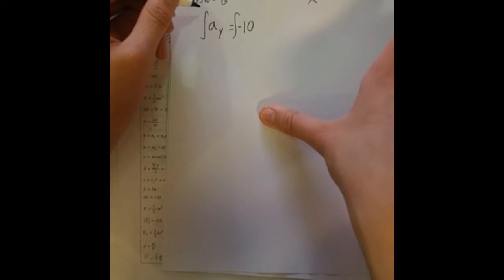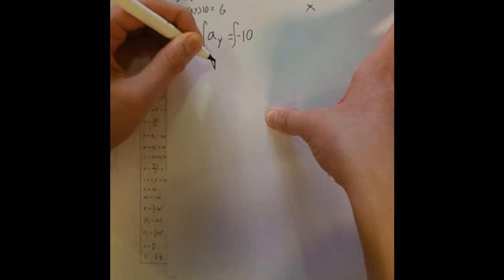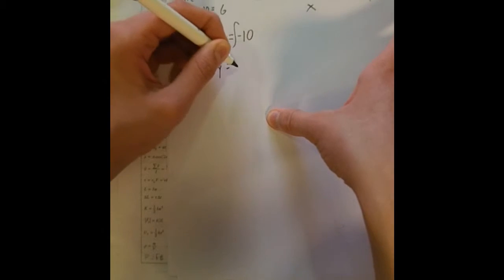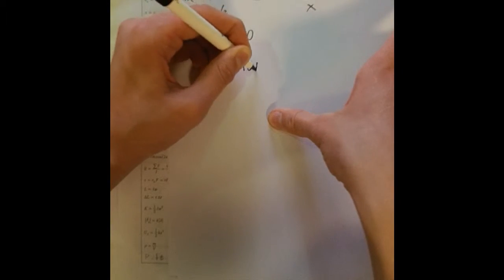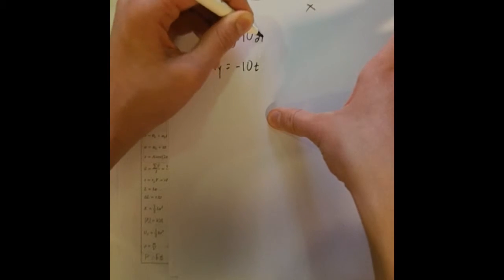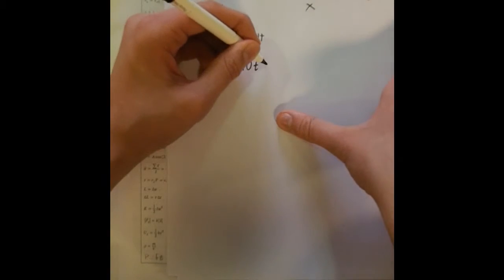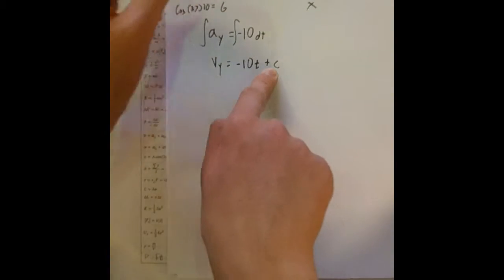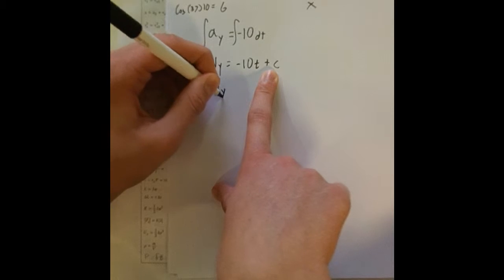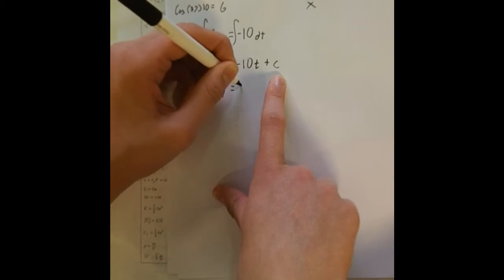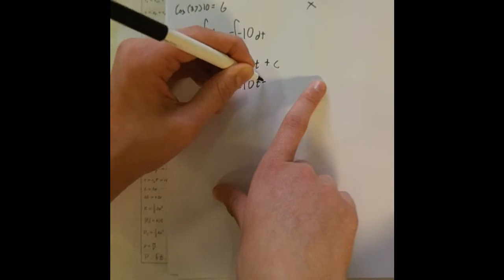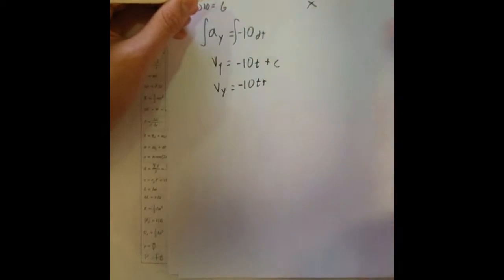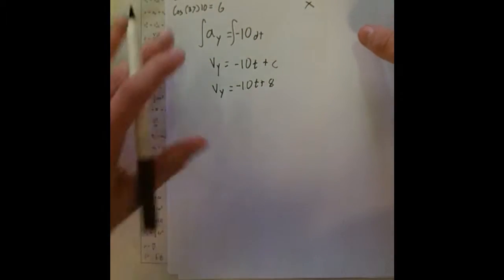So the integral of acceleration is velocity in the y direction, equal to negative 10 times t, dt. That's important. That means this is in terms of time. Plus c. And this c is our initial velocity in the y direction. So what we're going to plug in for c is negative 10t plus our 8 meters per second. And that is our velocity equation.